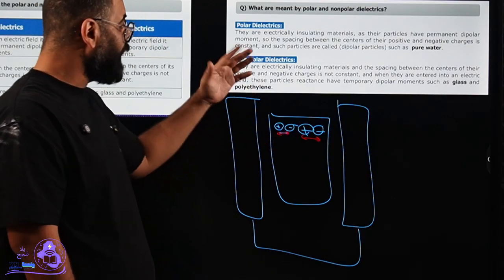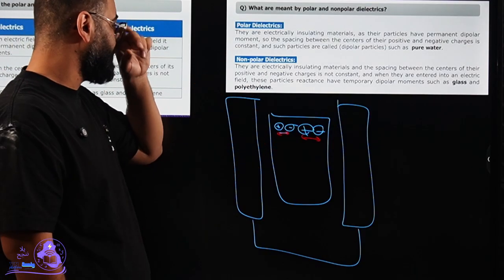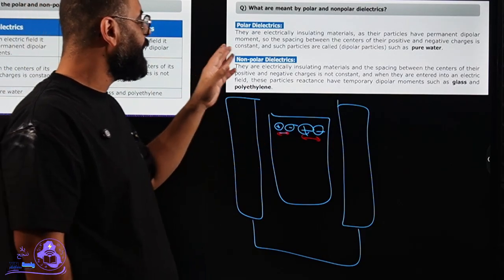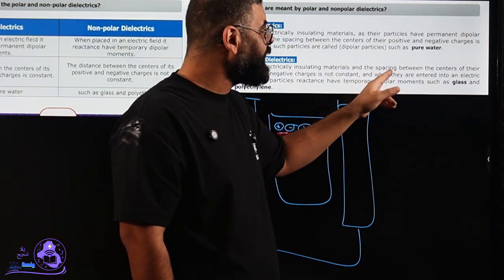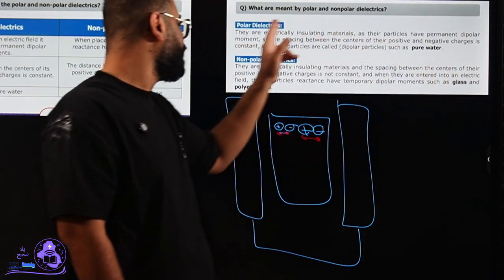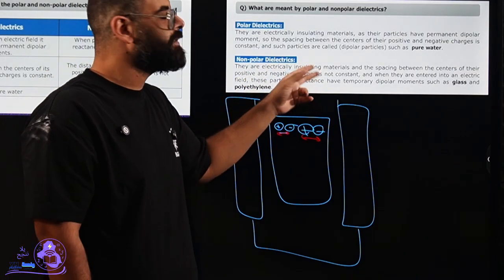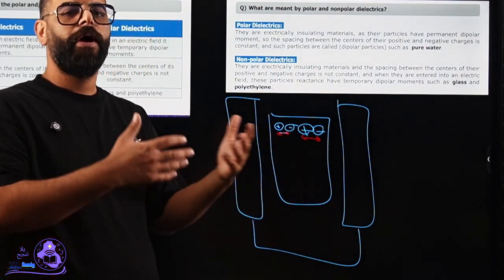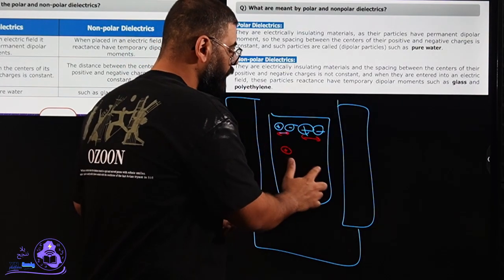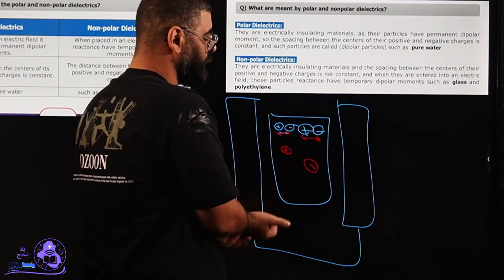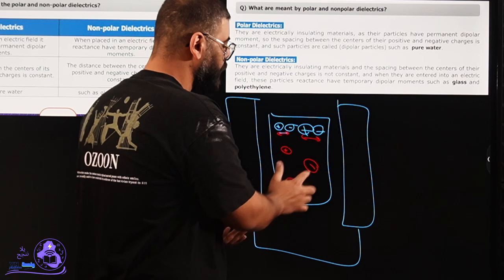But on the other hand, the nonpolar dielectrics are electrically insulating materials, such as the first one, and the spacing between the centers of their positive and negative charge is not constant. So we cannot identify the distance between their positive and negative charges. It's not constant. Sometimes one is here, sometimes one is there.